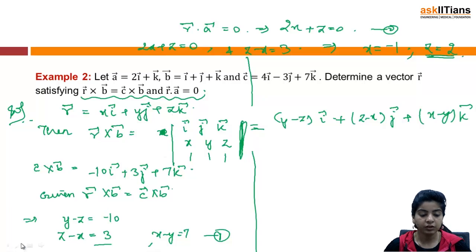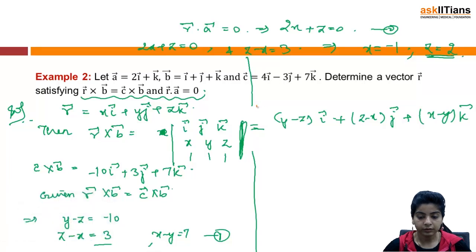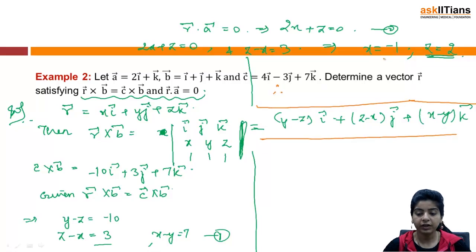Therefore, we have obtained x is minus 1 and z is 2. So now x minus y is 7 and x is minus 1.